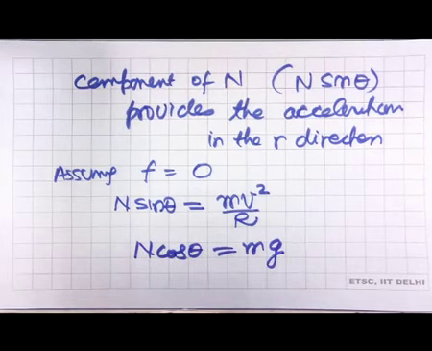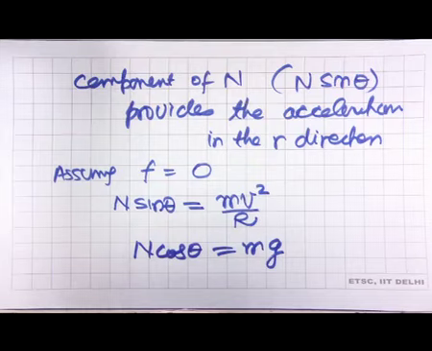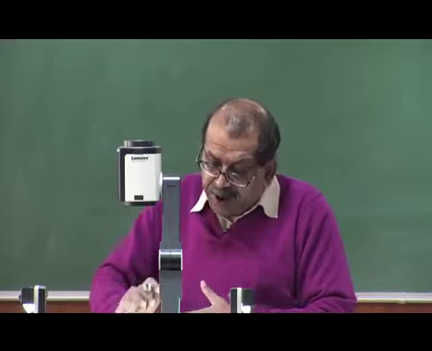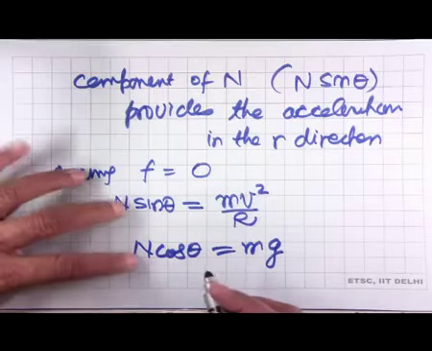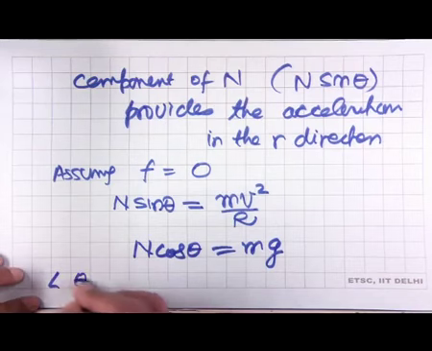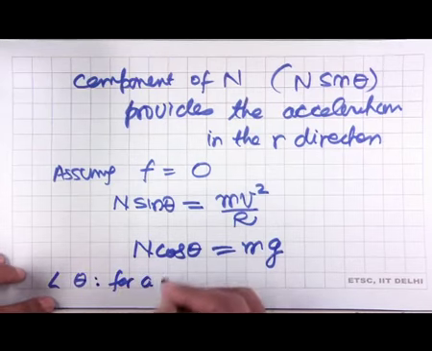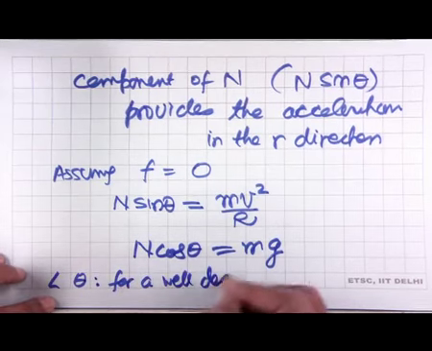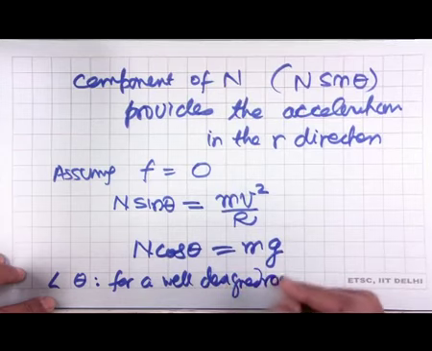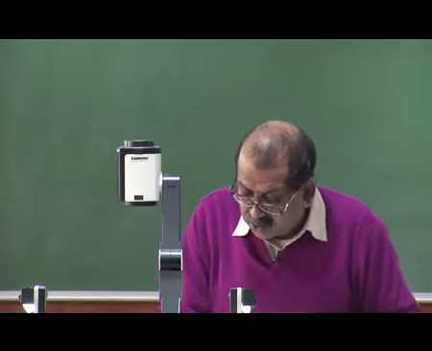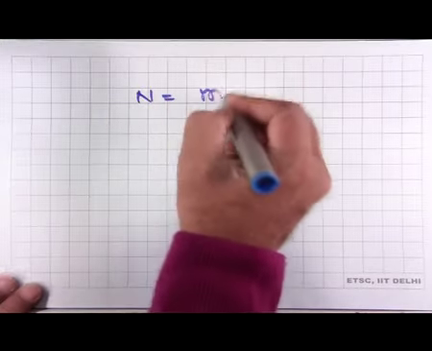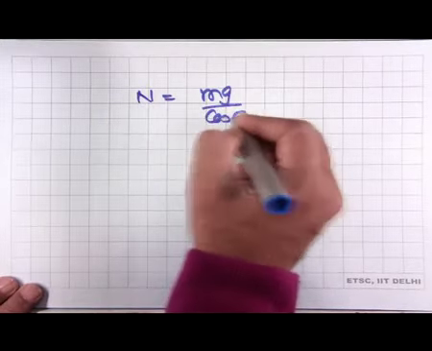So, from here we can work out, for a road which is perfectly banked, that means we do not require any friction, the angle of banking theta for a well designed road. And we get the same thing, n is equal to mg upon cos theta.